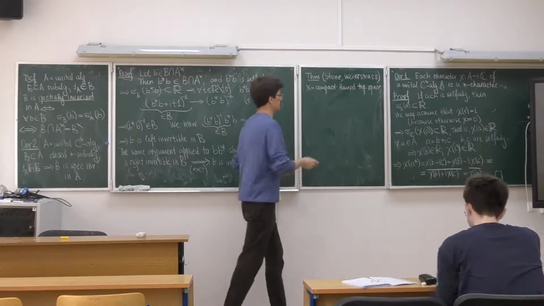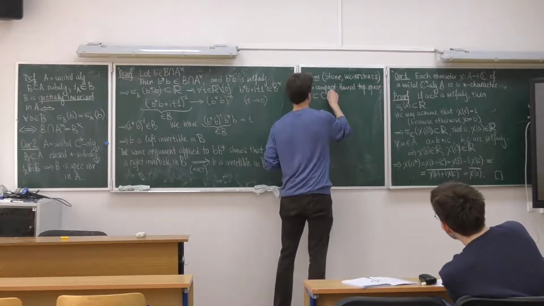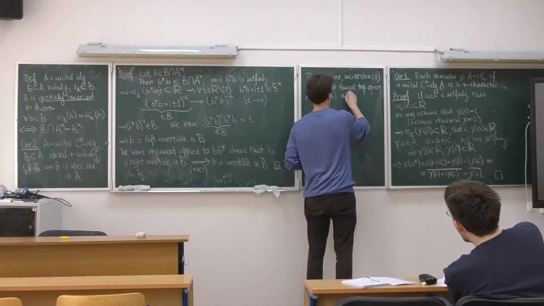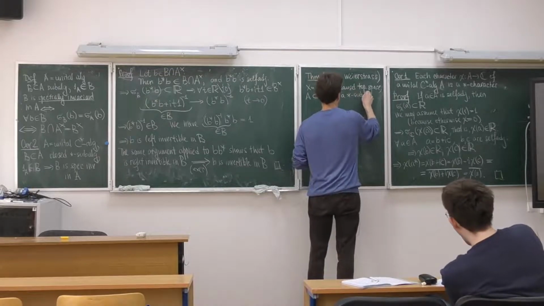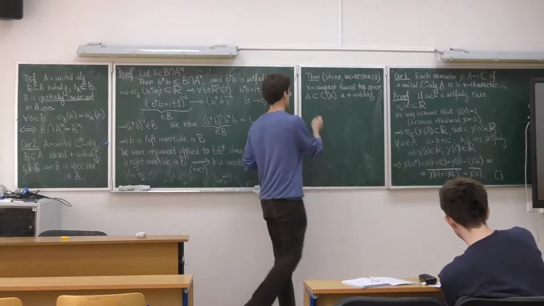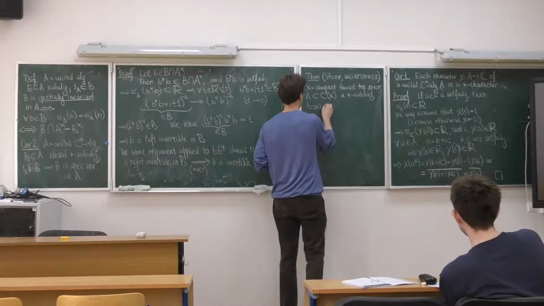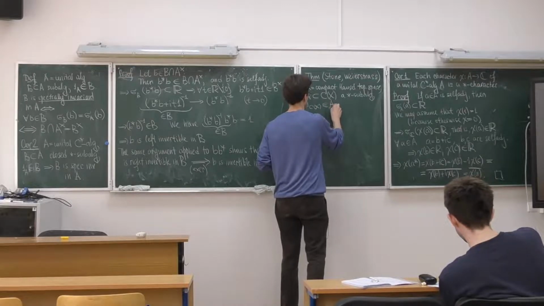And suppose that A is a star subalgebra in C(X), a star subalgebra which contains the function which is identically 1. Yes, the identity of C(X), the function which is identically 1, belongs to A.